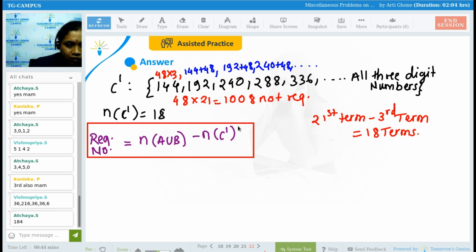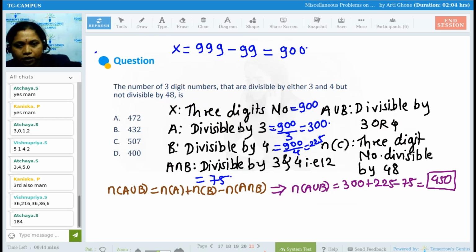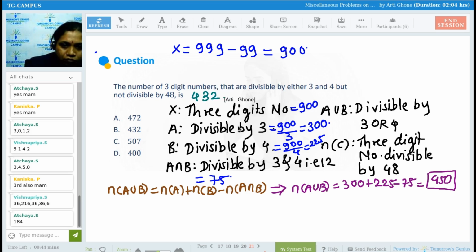So here we have 450 minus 18. So our final solution is 432. Clear? Our final solution is 432. So the final answer is 432.